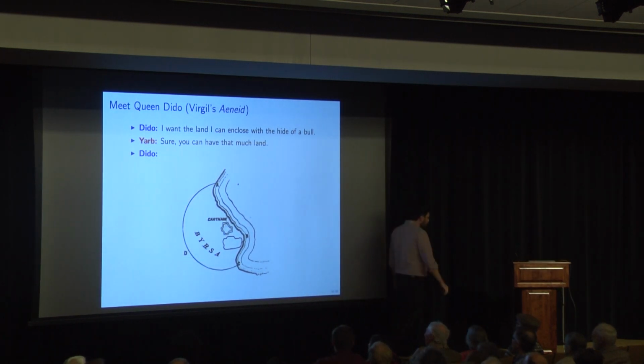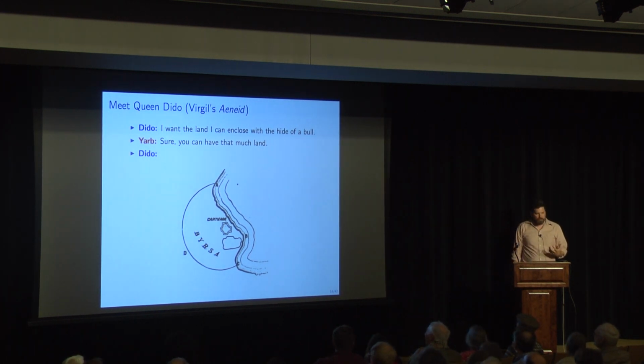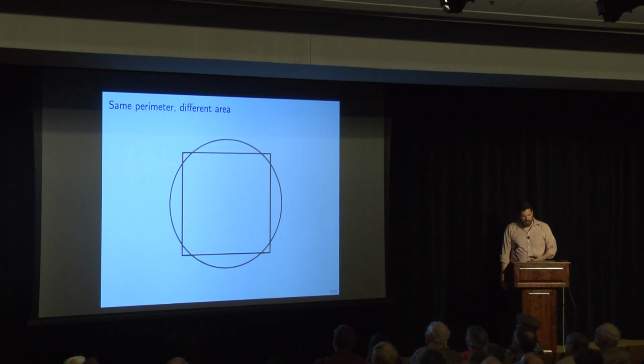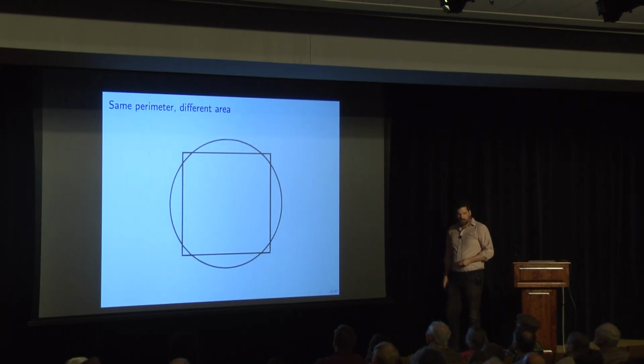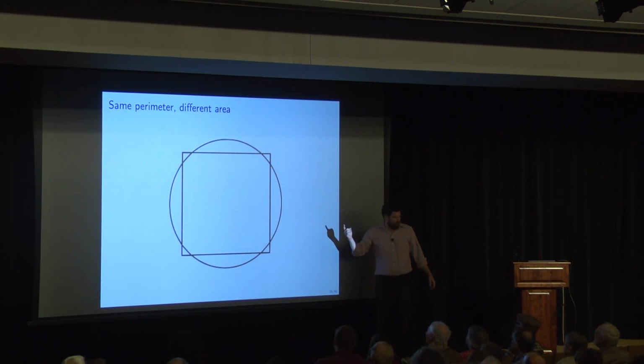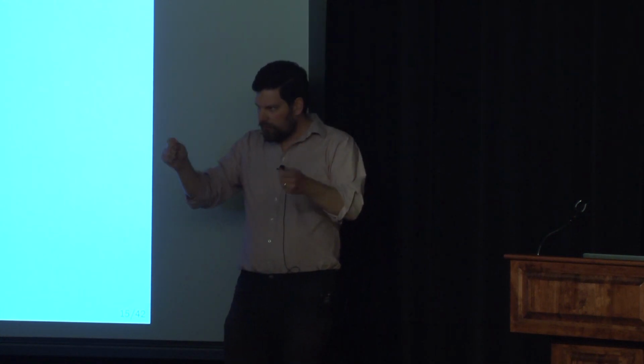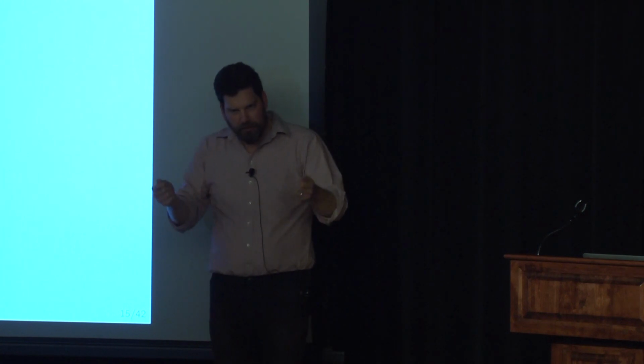So she zeroed in on a feature, and that is that circles are particularly efficient at enclosing area. These are two shapes, circle and square. These have the same perimeter, but you see the square sweeps less area. Somehow the perimeter of the square isn't as efficient as the perimeter of the circle.